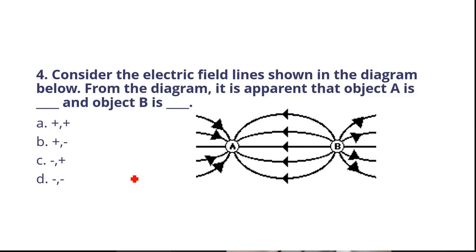Daniel incorrect, number 4. Berlian correct. Niken correct.